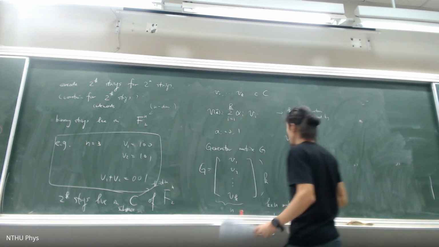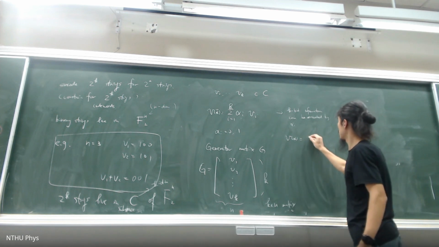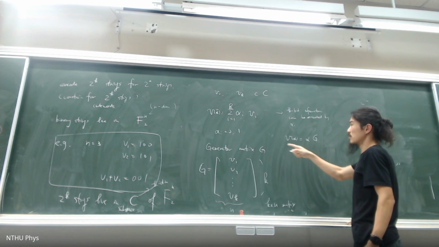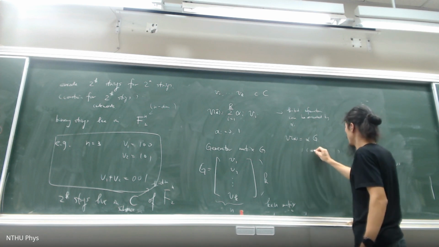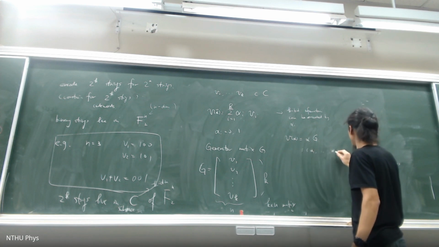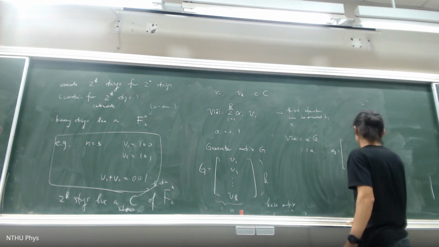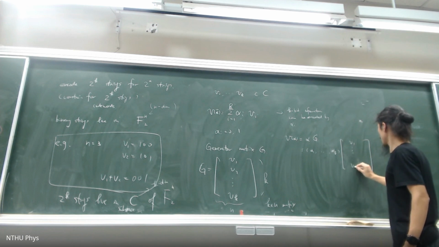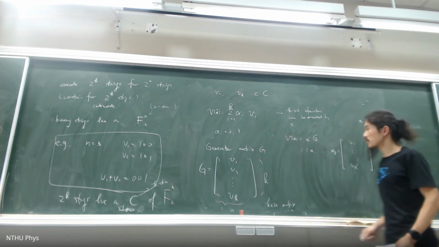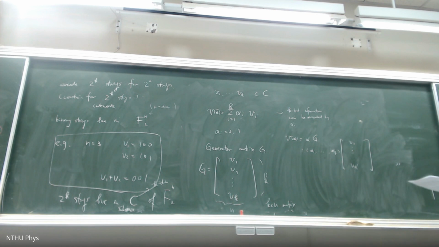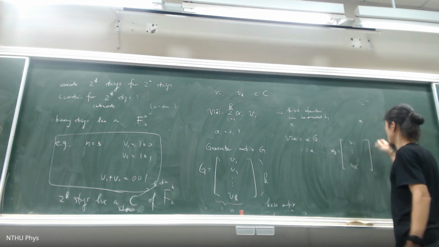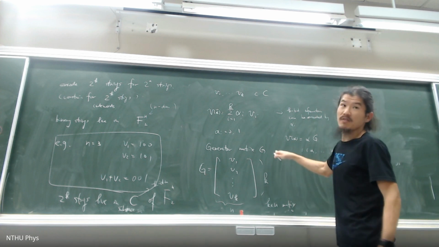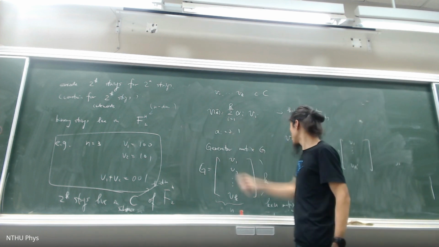Alpha can be considered as a vector. It considers this kind of product. So you can imagine this is alpha 1 up to alpha k times this G, to give you an n. That's n.